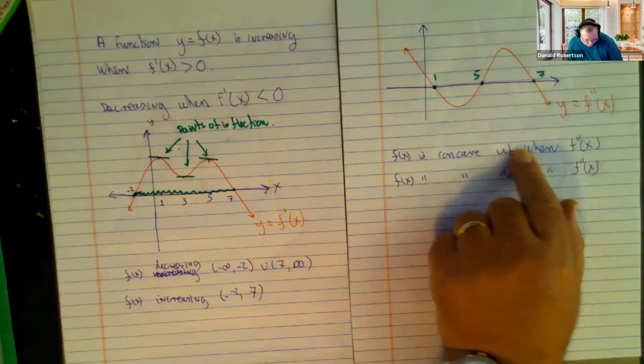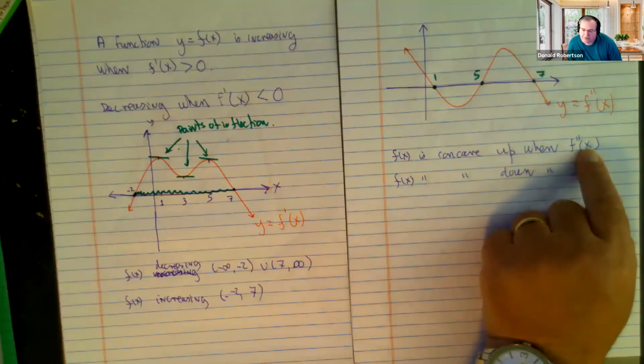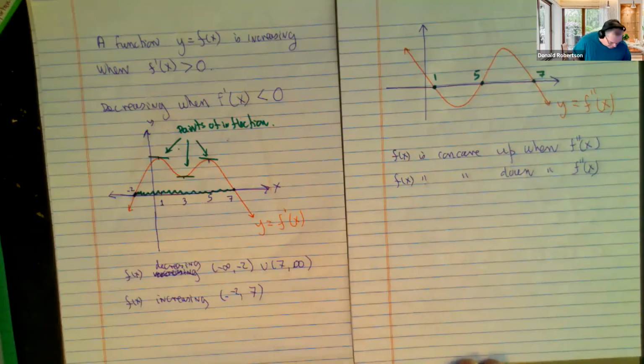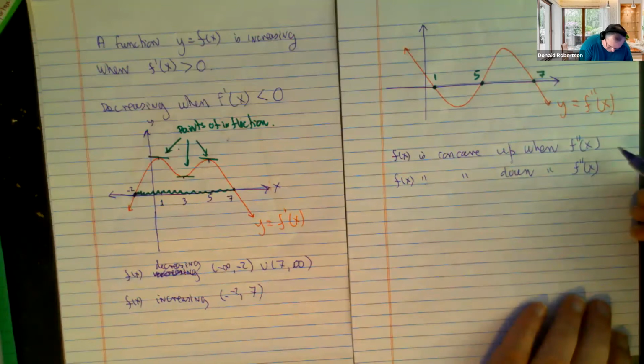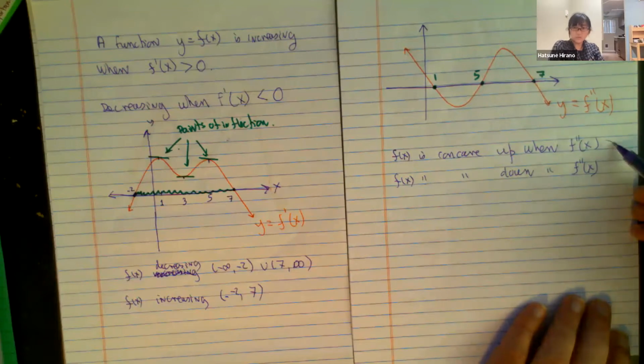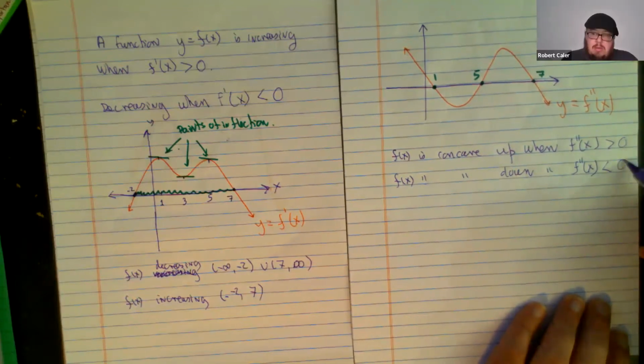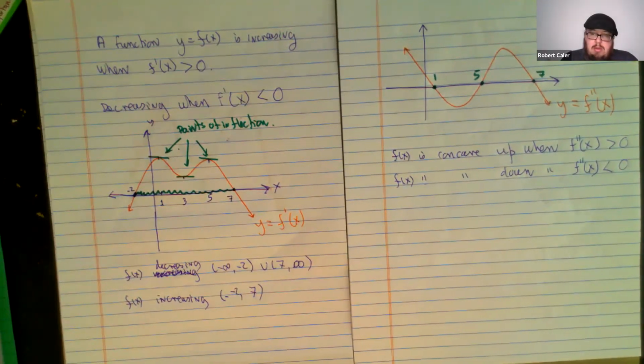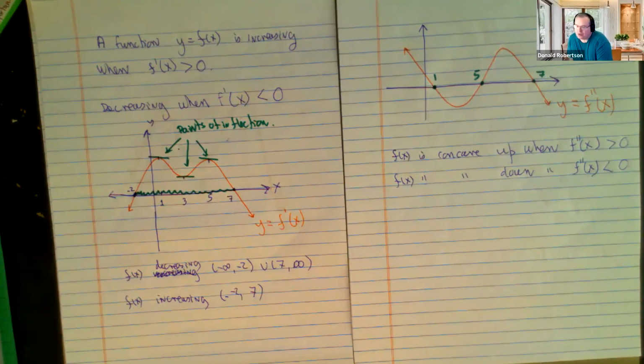Concave up, what do you think the second derivative is going to be? Greater than 0. Now, isn't that nice? Concave up is positive second derivative, concave down is negative second derivative.